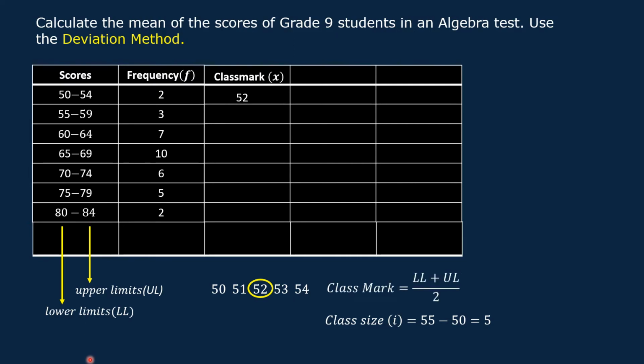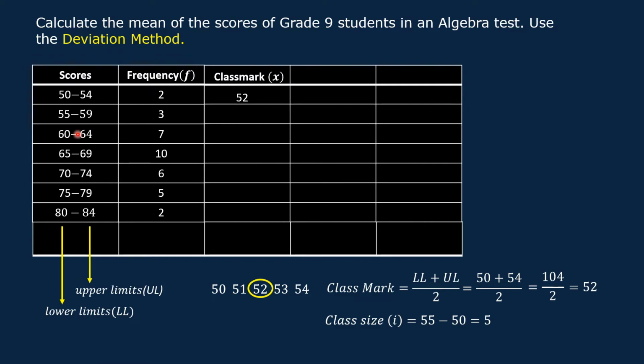The class mark can also be solved by adding the lower limit to the upper limit and then dividing the sum by 2. So for the first class interval, we have 50 plus 54 divided by 2. And 50 plus 54 is equal to 104, divided by 2 is equal to 52.